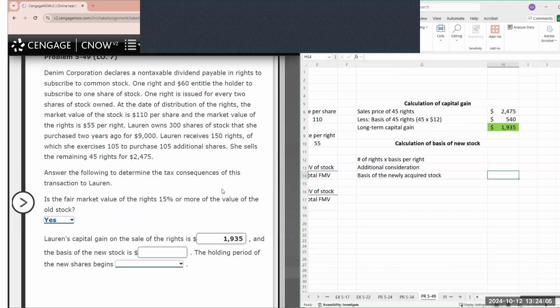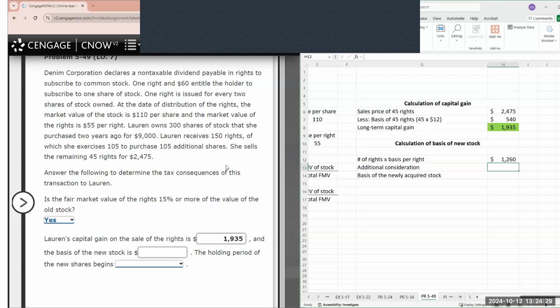Now we move on to the next part of the question, and it asks us to calculate the basis of the new stock. So we sold 45 shares, and we have the additional 105 shares. So therefore, 105 shares times 12.